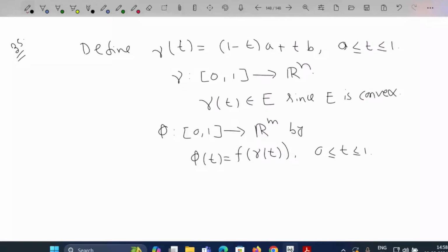Fine. And because E is convex, gamma of t belongs to E. And phi is a mapping now from 0, 1 to Rm, and phi is defined as phi of t equals f of gamma of t. Fine. Is it clear now?